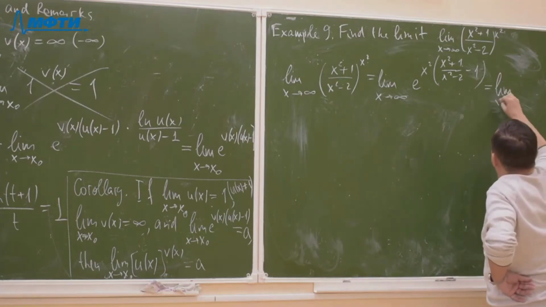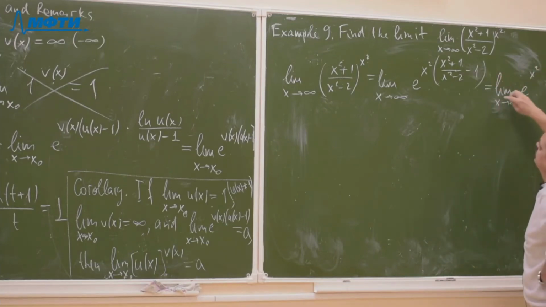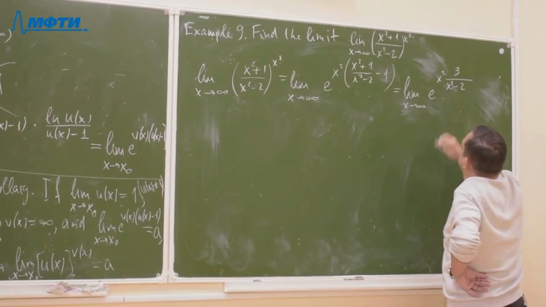Limit as x tends to infinity of e to the power x squared times 3 over x squared minus 2, right?